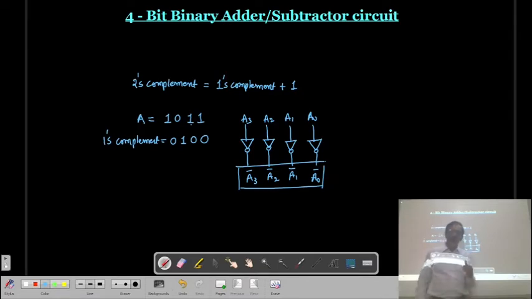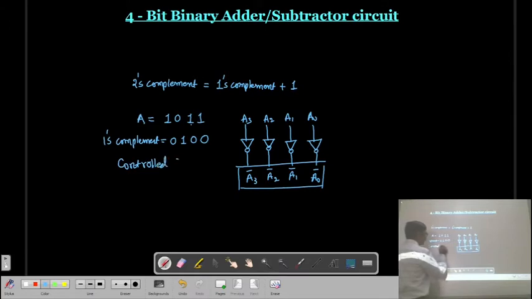For that you require a circuit known as a controlled inverter. Controlled inverter means whenever you want to complement the number, you can do it, and if you do not want to, then it will not complement the number.